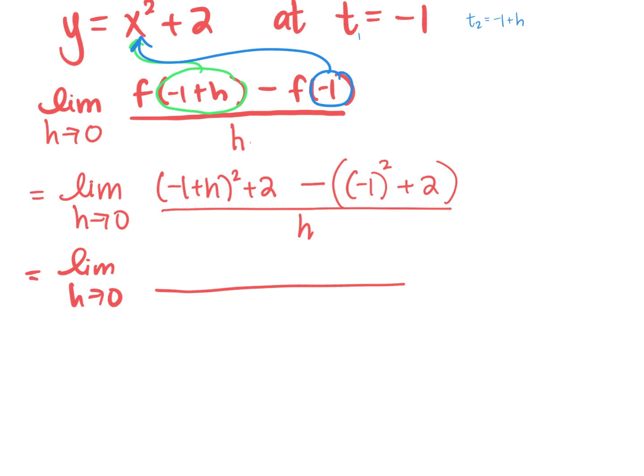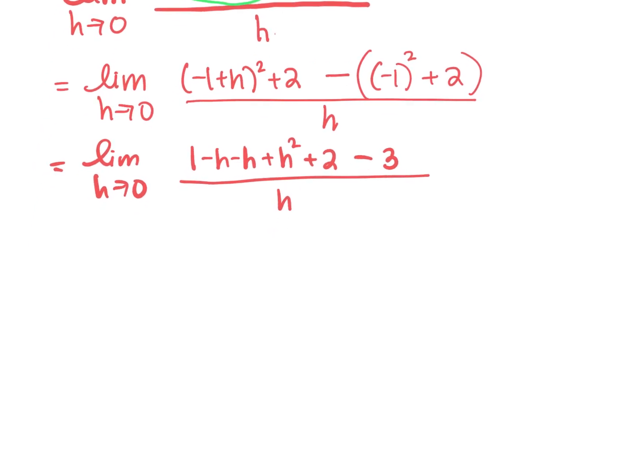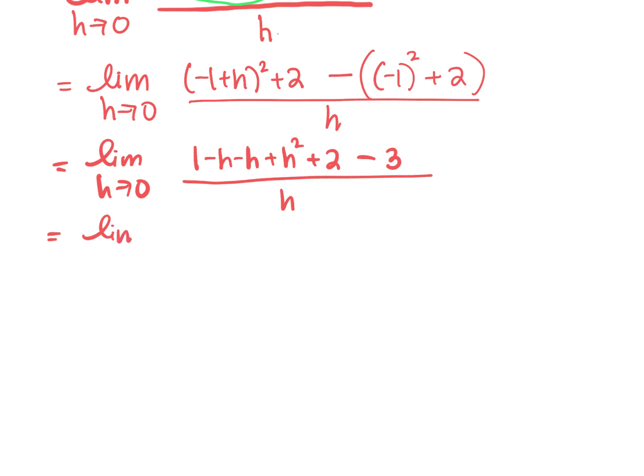And now we FOIL, and we do some algebra. So when I FOIL -1 plus h, quantity squared, I get positive 1, minus 2h, and then positive h squared, plus the 2. And then minus how much? 3, because that's what's in that parentheses. Still all over h. All right, let's keep going.